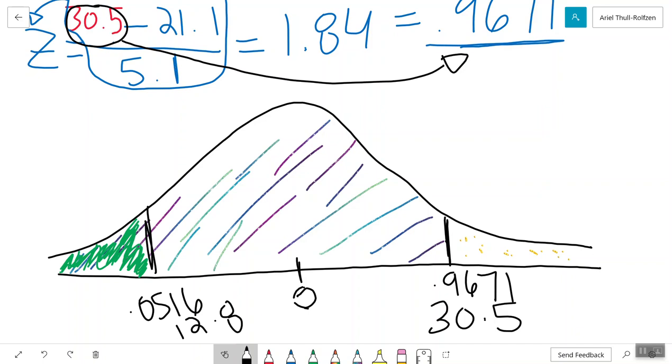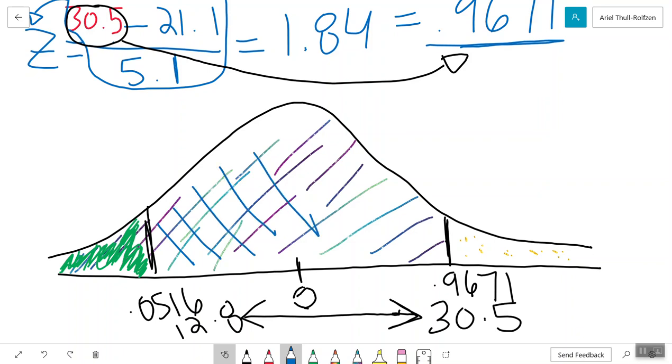Now the question is asking us to find the probability that the scores are going to be between 12.8 and 30.5. So what they're asking for is the area in here, in between those two.